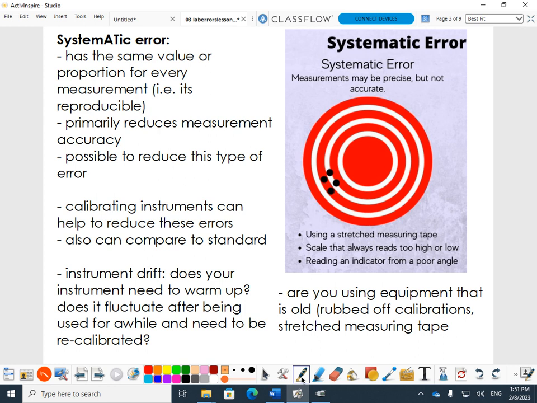So when you have a lab, say you're going to use our scales. When you turn the scale on, it actually counts down for you. It says 0, 1, 2, 3, 4, 5, 6, 7, 8, 9, and it might even say the word test. What it's doing is warming up. Sometimes it fluctuates after a while.